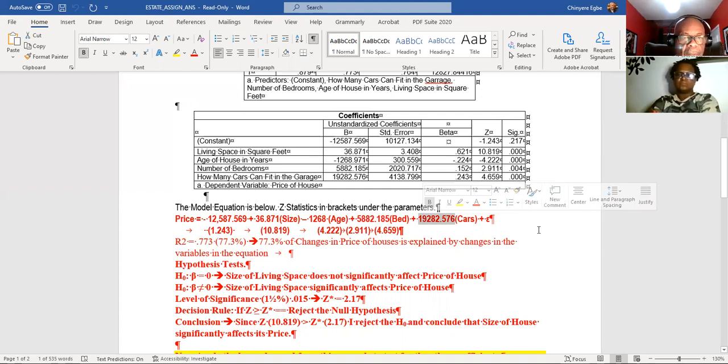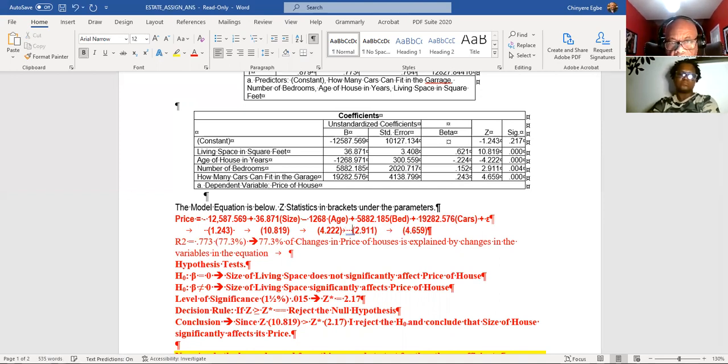Now, the question then becomes, do these estimates indicate a significant relationship? These are the T statistics below.